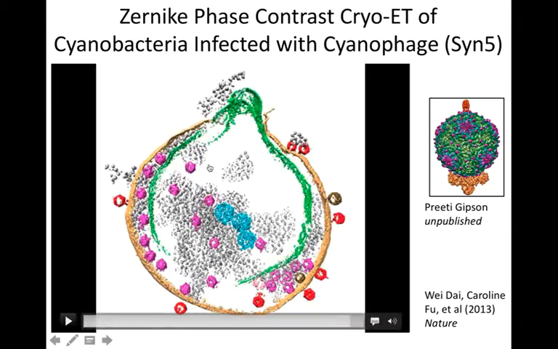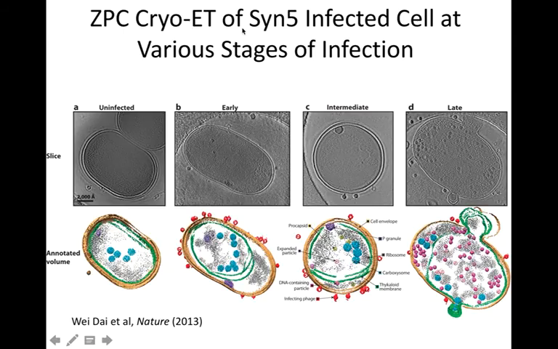Now, what I want to focus on in the next couple of slides is to look at the newly synthesized phages, and what happens at different infection time points. So here are 4 different examples of these cyanobacteria, which have different amounts of phages inside the cytosol.